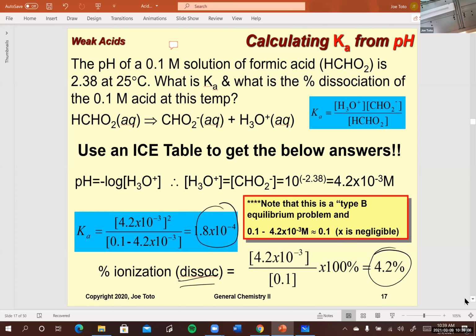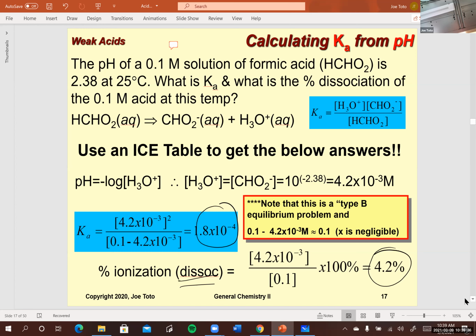So I set them up and I gave you the answers, but what I want you to do when you go back and study this is write out the ICE table and show that these answers are all true using the ICE table and the definitions that you find for the percent ionization or dissociation, the definition of the equilibrium constant, and then we move on from there.